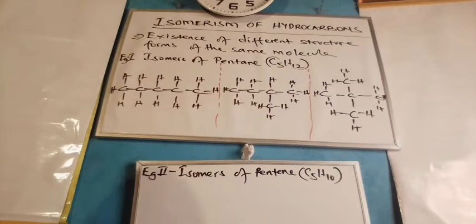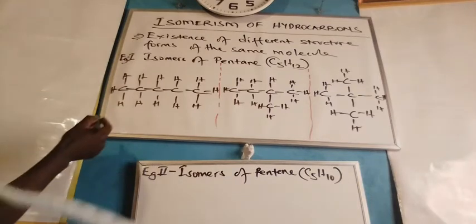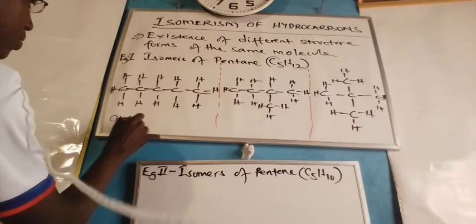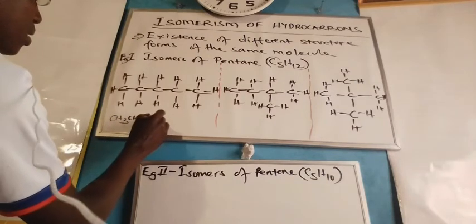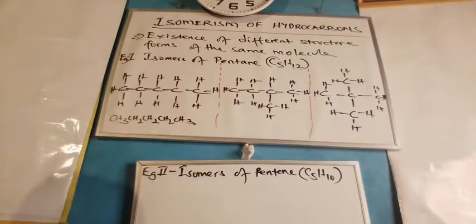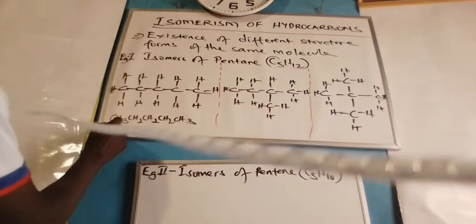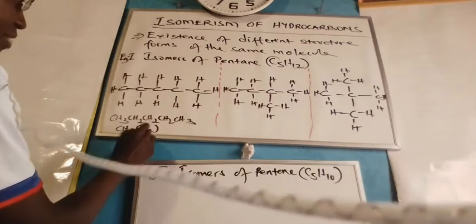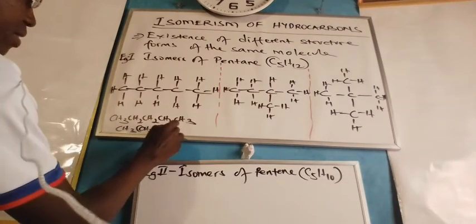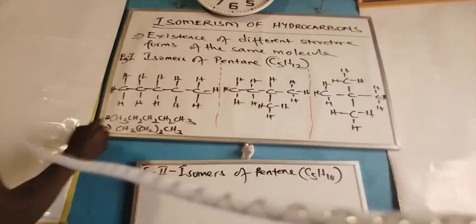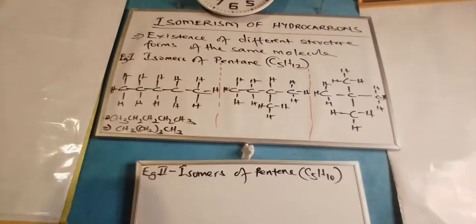Now, separating them, as you can see, we could create the condensed form of this, which is CH3, CH2, CH2, CH2, and CH3. This could still be condensed further into CH3, CH2 as a recurring group, there are 3 of them, into that. So either this or that represents the condensed structure of pentane.